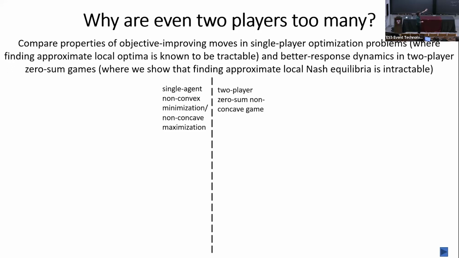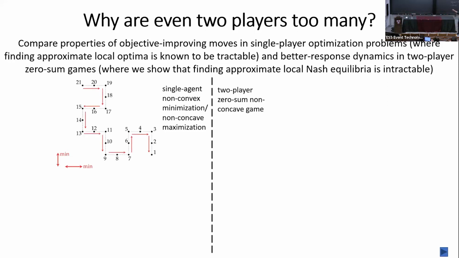And on the other side, two-player zero-sum games with non-concave utilities. And I want to understand why over here we can find local optima with gradient descent, while over here what changes and it is intractable to find them. And I want to convince you that there is a big difference between the two settings.